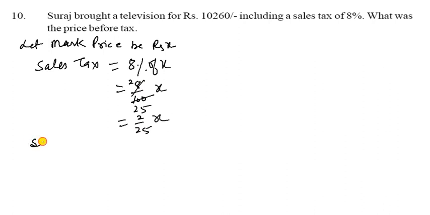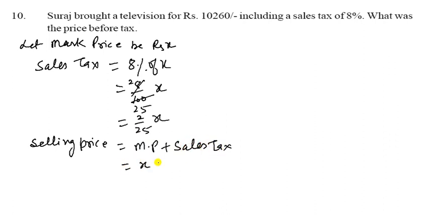Now selling price is equal to mark price plus sales tax. Mark price is X and sales tax is 2 upon 25 of X, and it is given according to the question 10260.